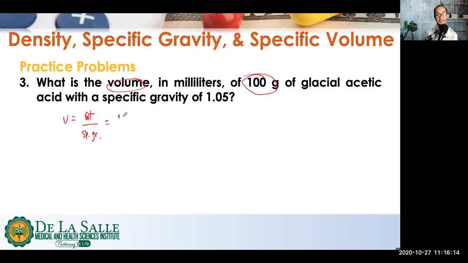The weight of the substance is 100 grams divided by its specific gravity, that is 1.05. And this is equal to 100 divided by 1.05. This is equal to 95.24 ml. So whenever the weight here is in grams, the unit here is always in milliliters.